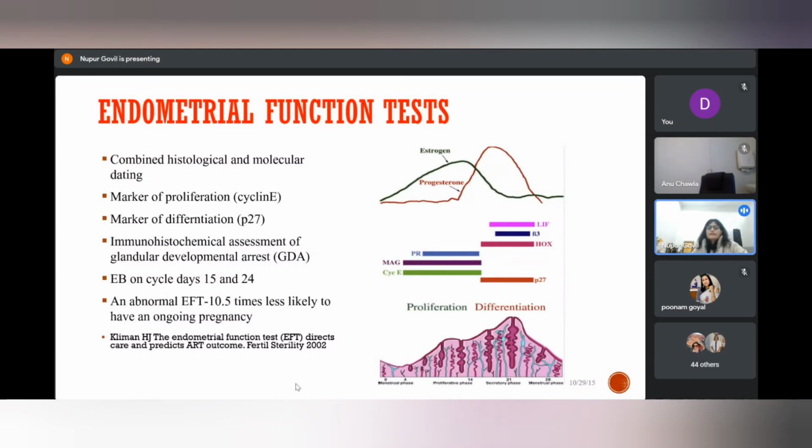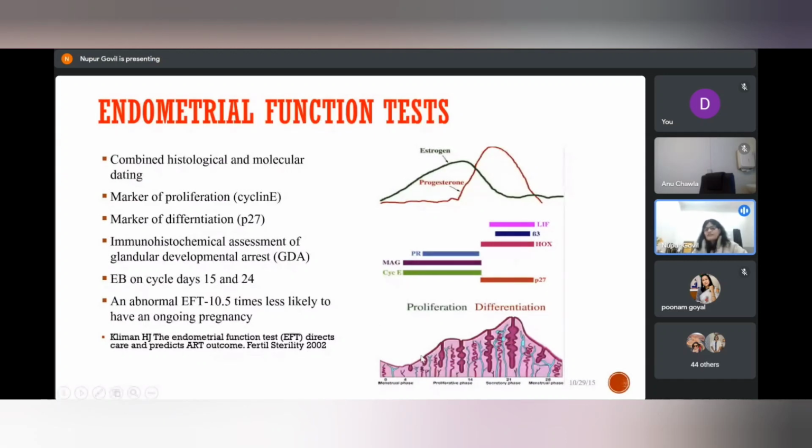So they suggested that the biopsy should be done on 2 days, day 15 and day 24, and the progression of the endometrium should be assessed based on the histological markers as well as the molecular markers.